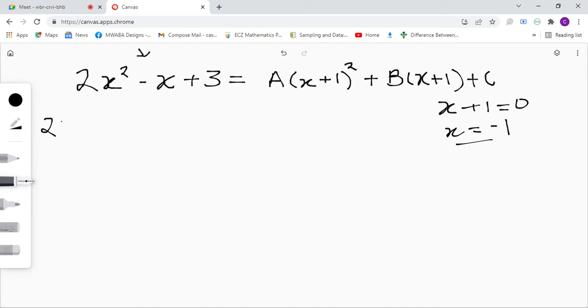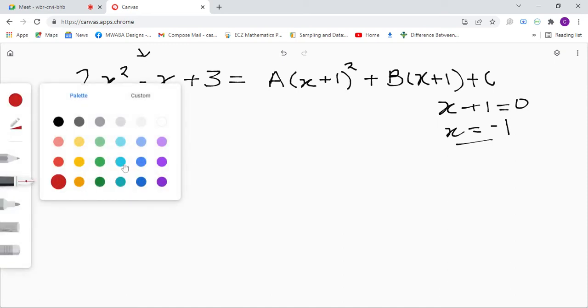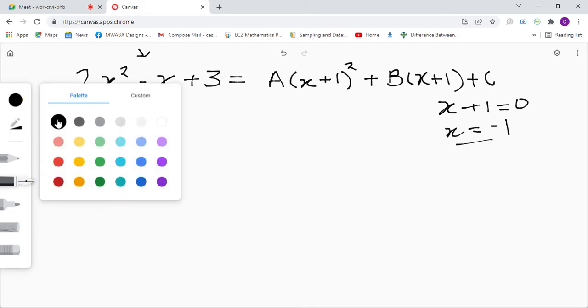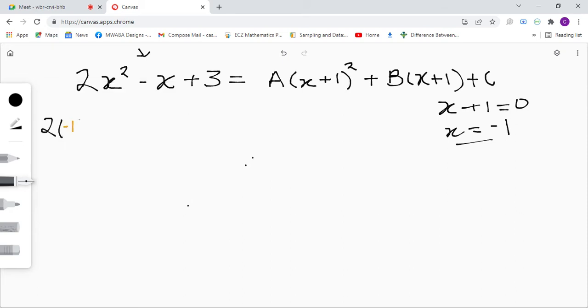So we're going to say 2 times -1 squared, minus -1, plus 3.